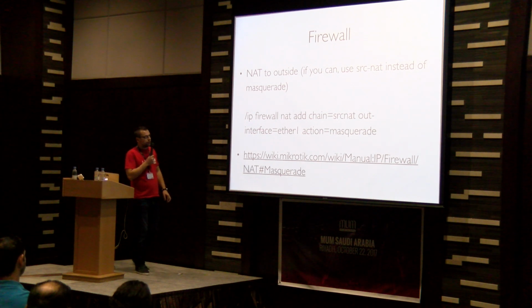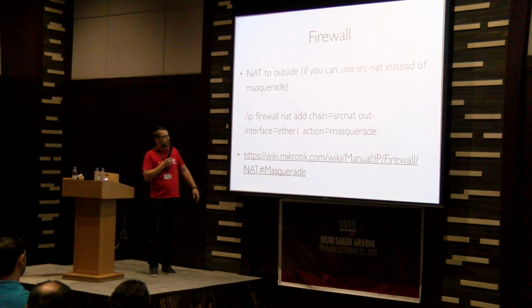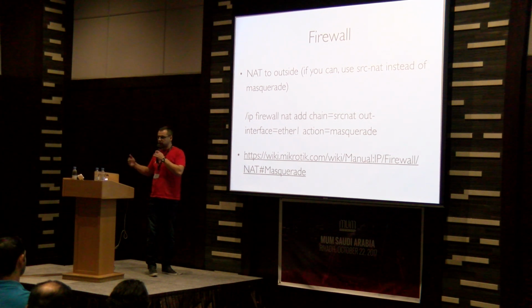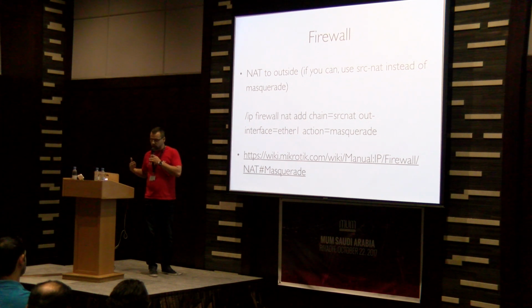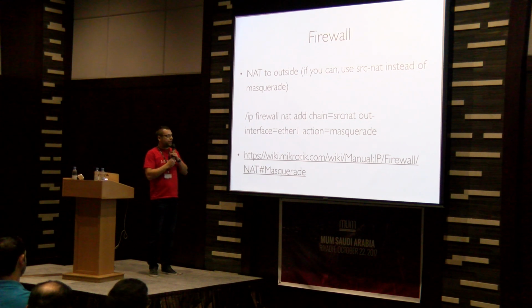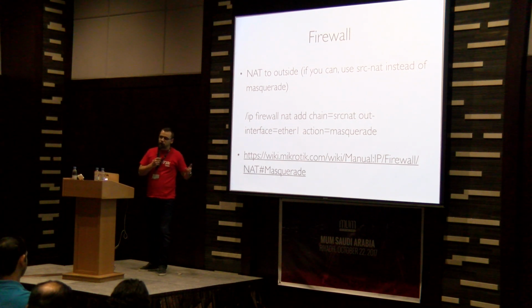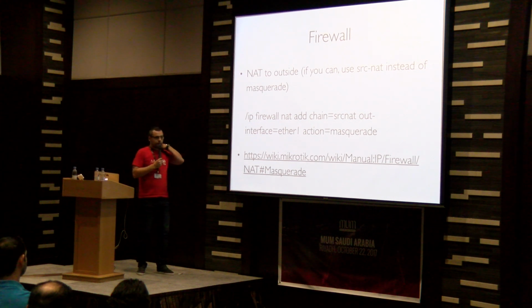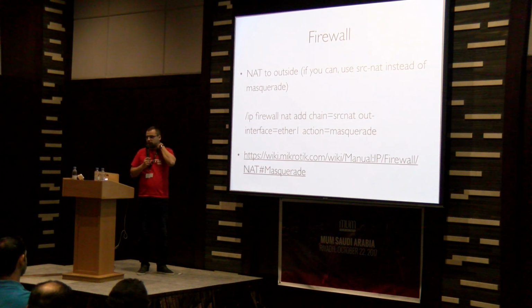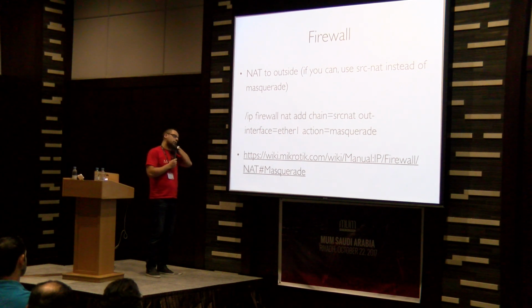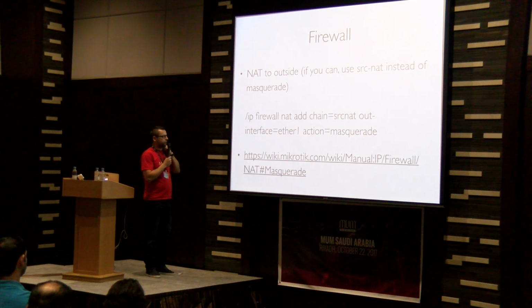Usually it's done by using masquerade rule, which simply says that all new connections going out through Ether1, if it's out interface, meaning the packet is coming from local subnet to the internet, get action masquerade, which simply puts as source address the IP address which is on Ether1 interface. So if I connect from a private network, then I will have public IP address on the traffic which goes out to the internet.